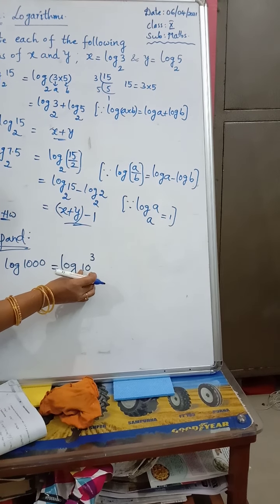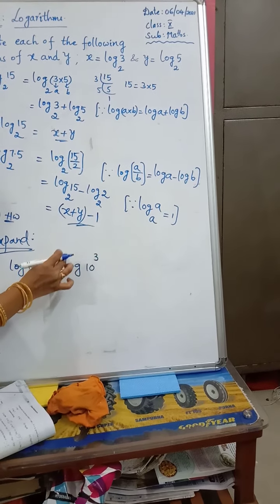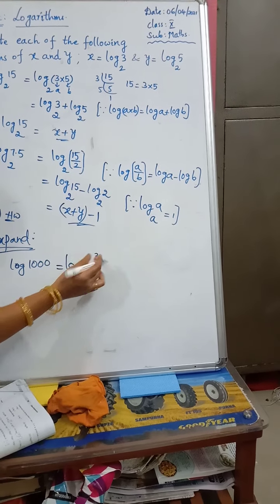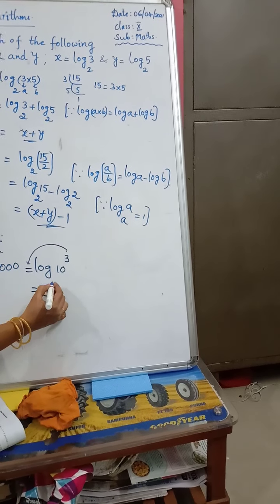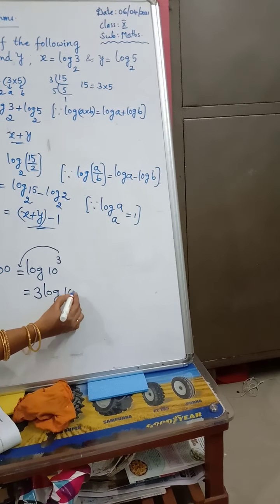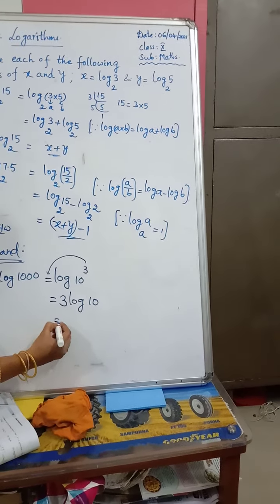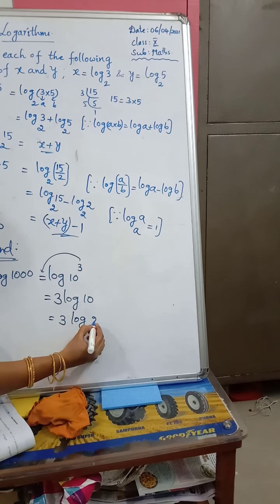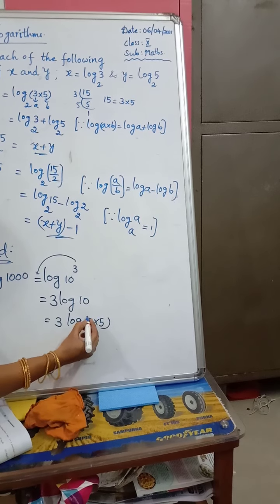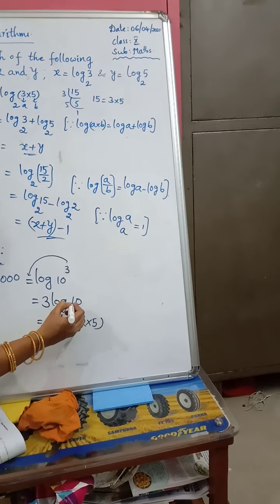In 10 cube, 10 is the base and 3 is the power, so 3 comes here. 3 log 10. 3 log 10 we can write in terms of 2 fives are 10.